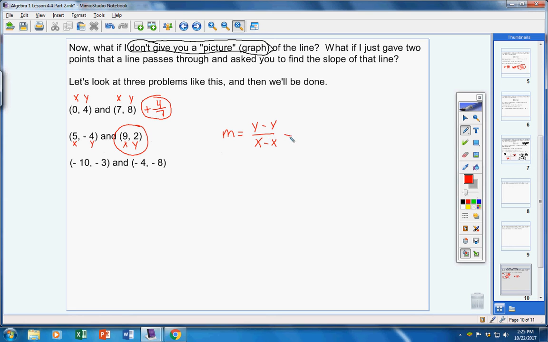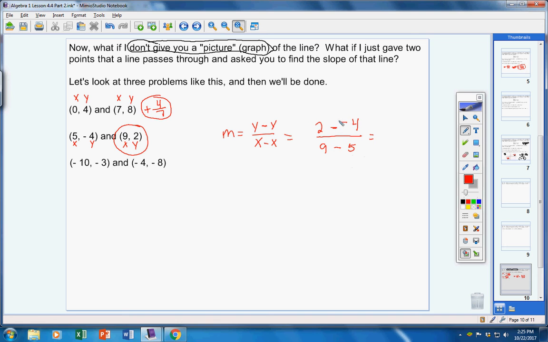So, my first y is 2, then minus, and my next y is negative 4. My first x, as I started here, is 9, and then minus, and my next x is 5.